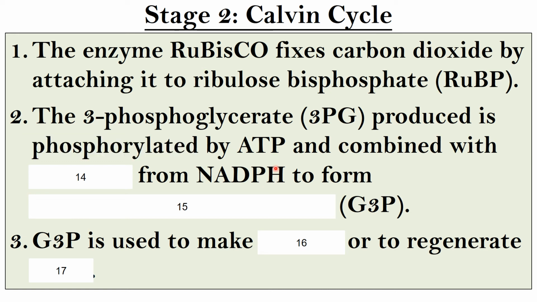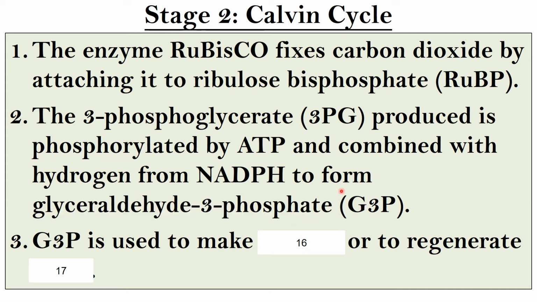Do you remember that? So it's phosphorylated by ATP and combined with something from NADPH. NADPH is the coenzyme. What is it providing again? It's brought something from the light-dependent reactions, and that is hydrogen. So 14 is hydrogen, and then this produces G3P, which is glyceraldehyde 3-phosphate.